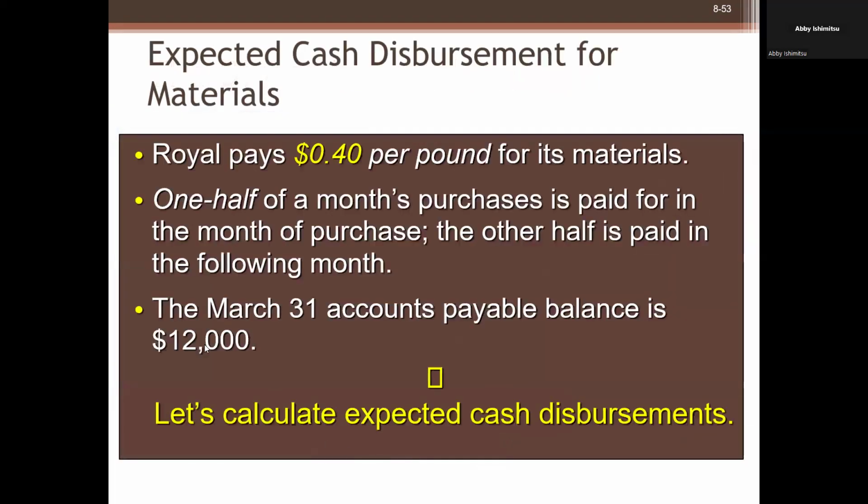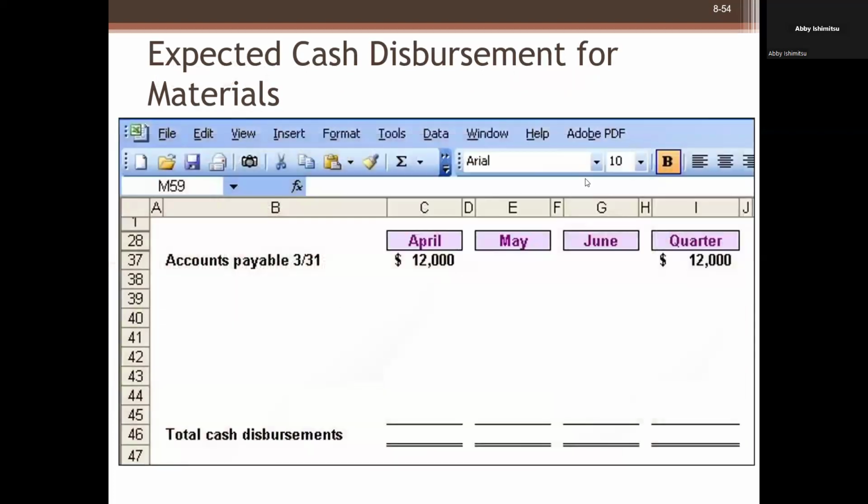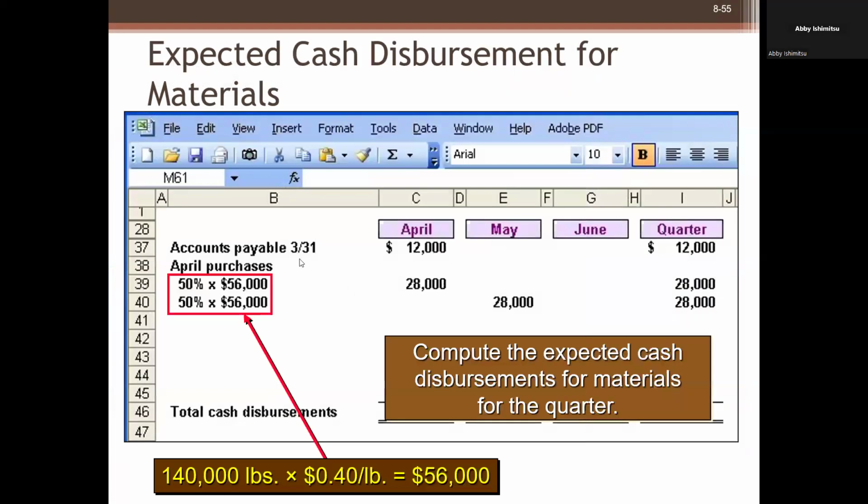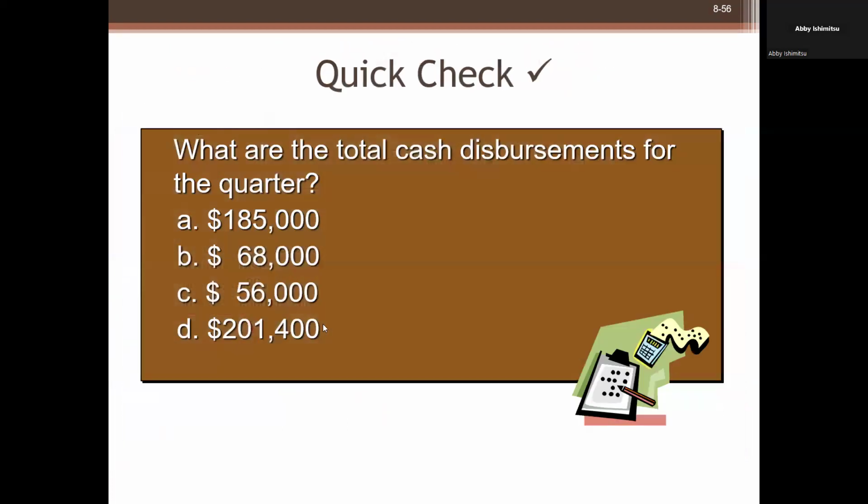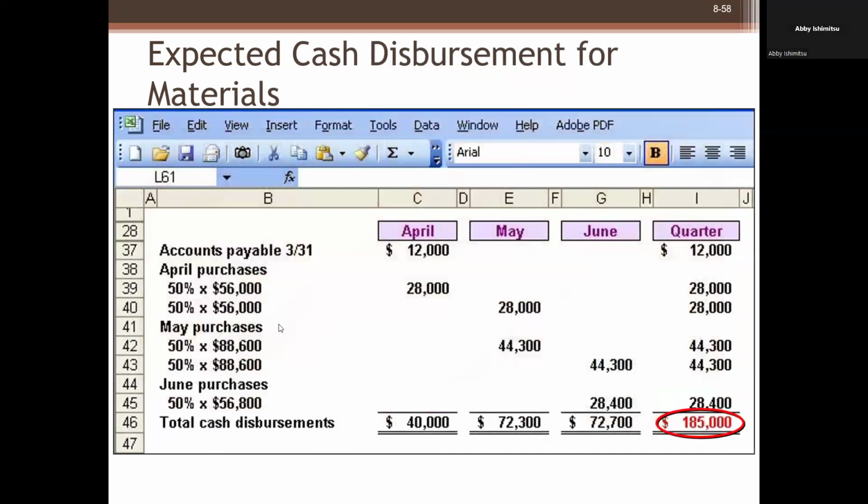Okay. And we have an accounts payable balance. All right, so here's the accounts payable balance. And then here we have the 56,000 for April, 40 cents times 140,000. And these are staggered, half in April, half in May. How did we get the 88,600?